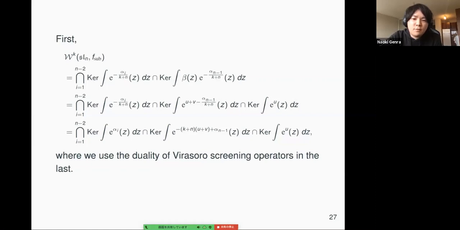I explained it for the SO2 case, but now it becomes this one. And also, in the last equation, we use this duality of Virasoro screening. This first Virasoro screening becomes just alpha I. This e^(u+b) minus alpha n minus 1 over k plus 2, k plus n becomes this, minus k plus n, e^(u+b) plus alpha n minus 1. But the last one I didn't change anything. But anyway, we get this realization.